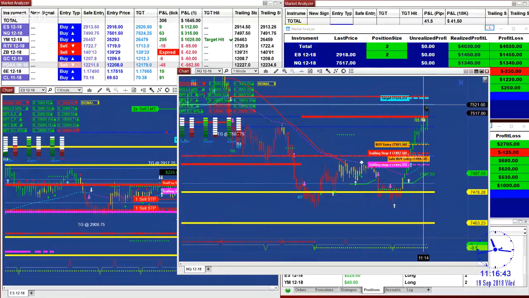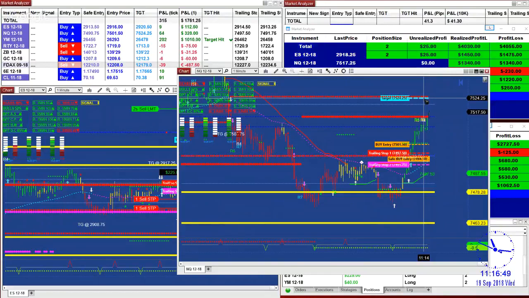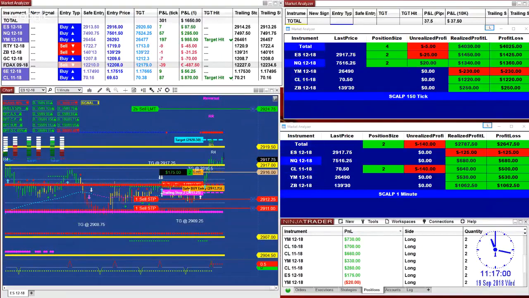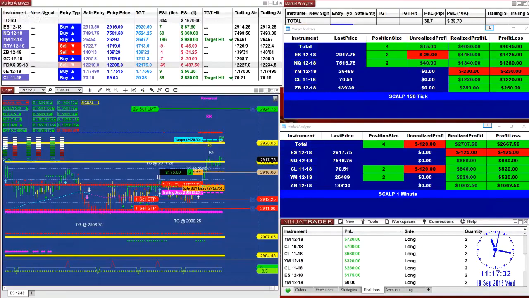We still have a small bumper at 21 level, and then we are heading to the final target at 24.25. 1557 ticks into the last signal on the NASDAQ, and 7 ticks on the ES.